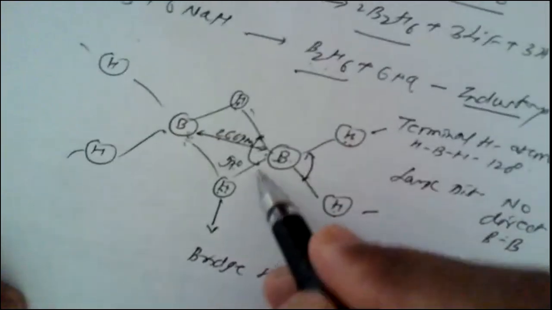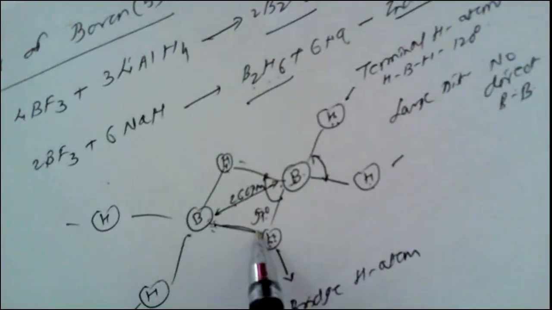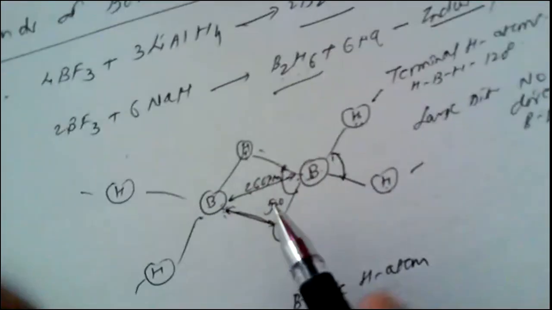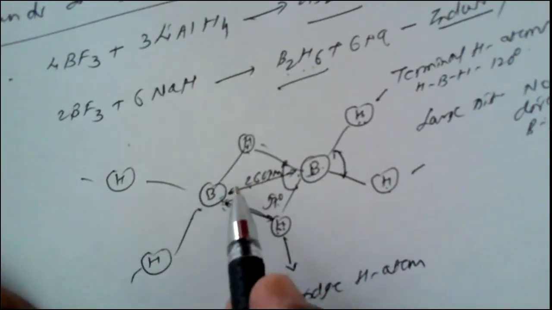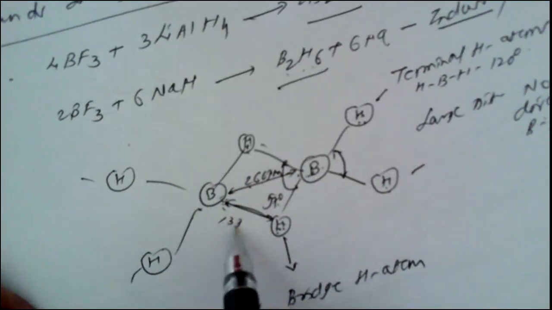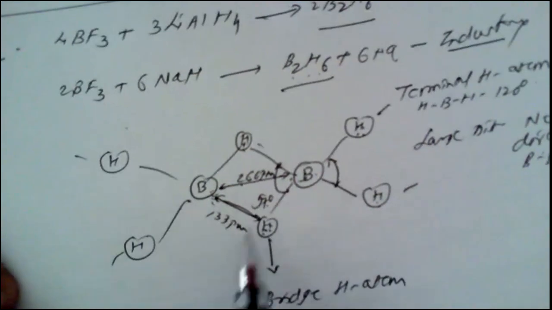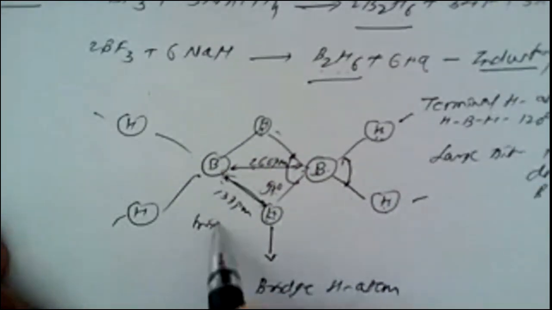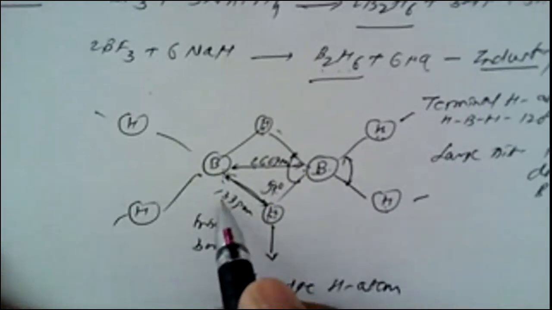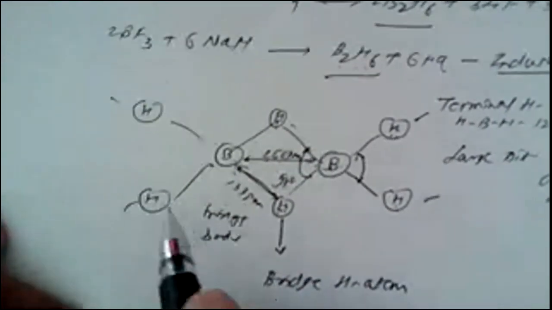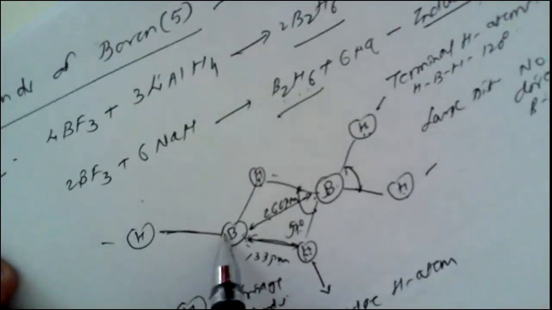Now this bond length is found to be 133 picometers. That is the bridge bond length. These are known as bridge bonds.